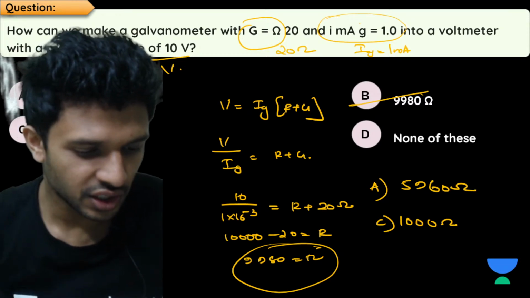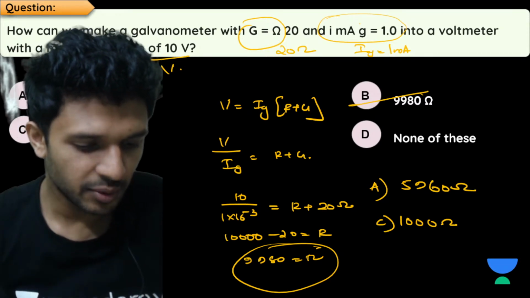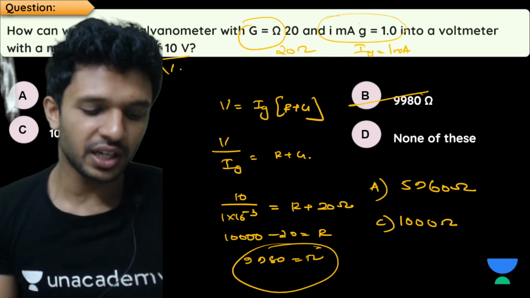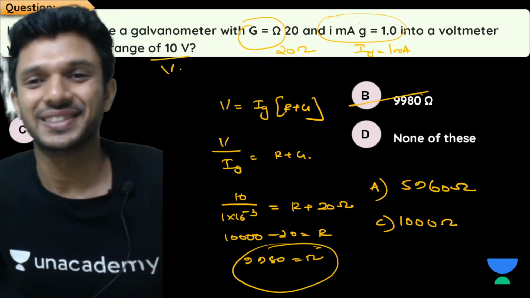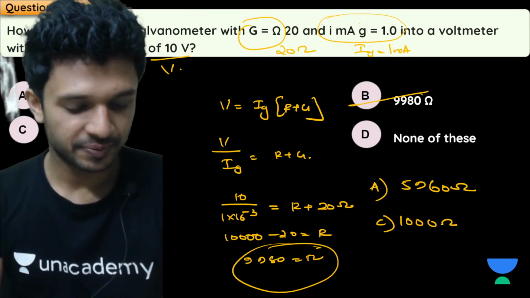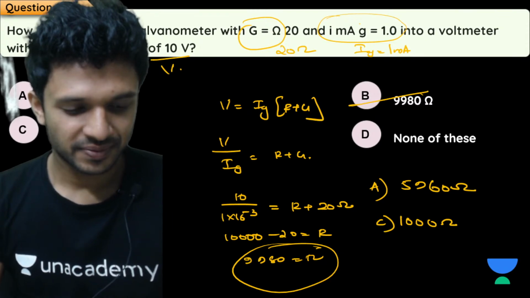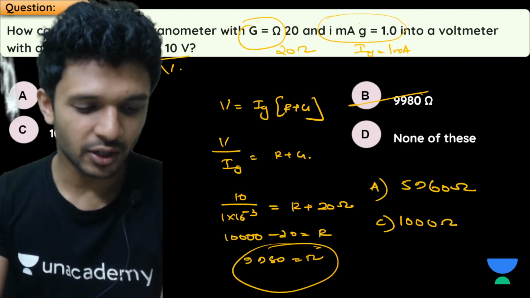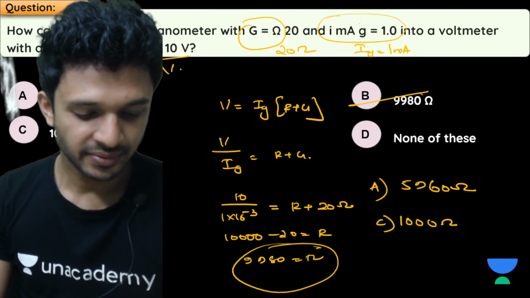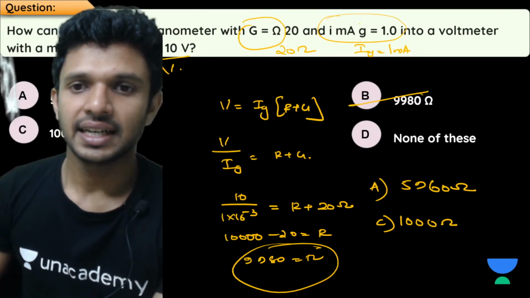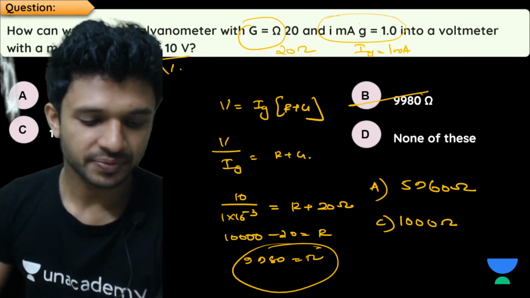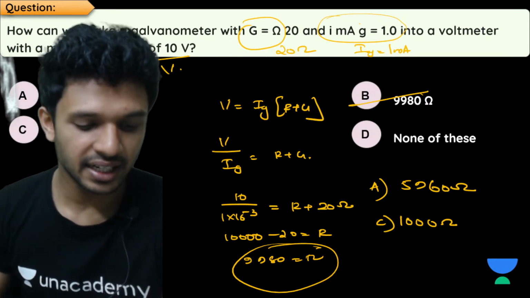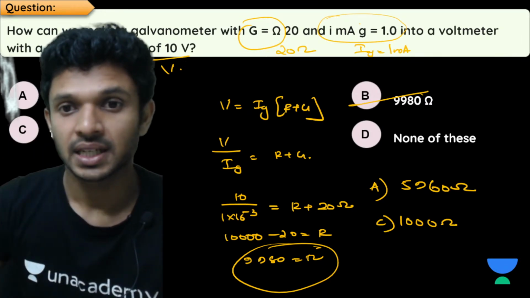Tanishq gave the full answer. Anyone else? Gave me option A. Shrishti Kumari, Maria Khan, Sanchana, Sankamitra. Very good, A is correct. Everyone got the right answer. Option B is the correct answer. 9980 is the answer. 9980, which option?